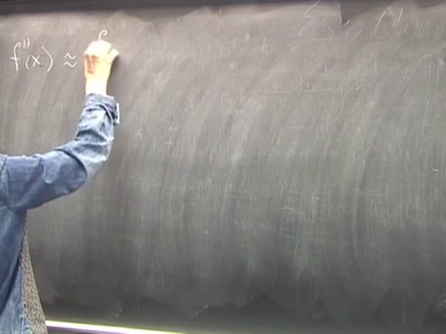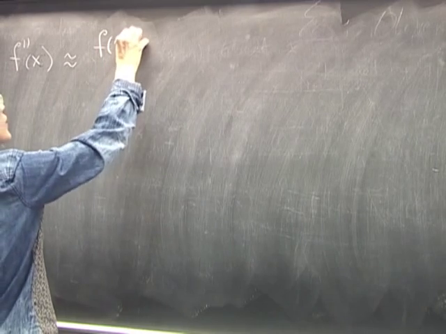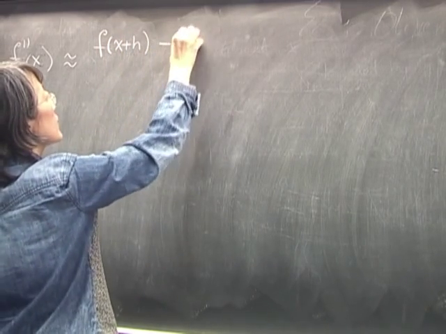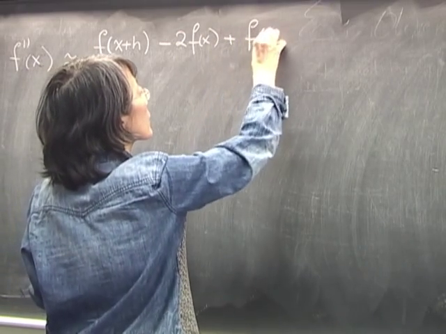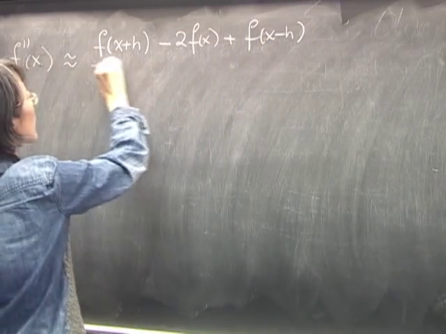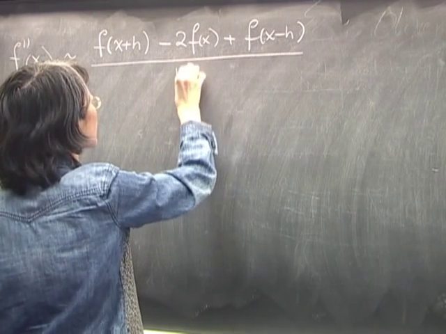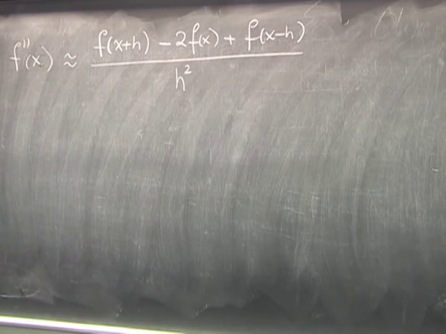So this is done by a central finite difference in this way. It takes 3 points, x, and to the left x minus h, and to the right x plus h, and do this computation.